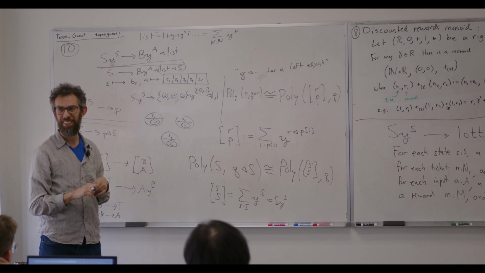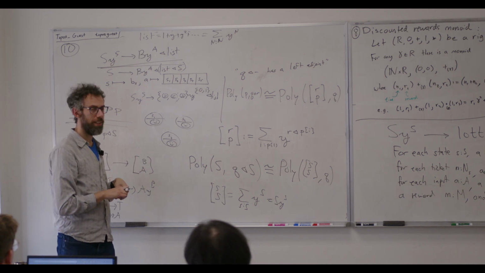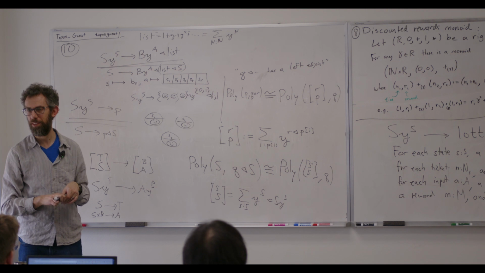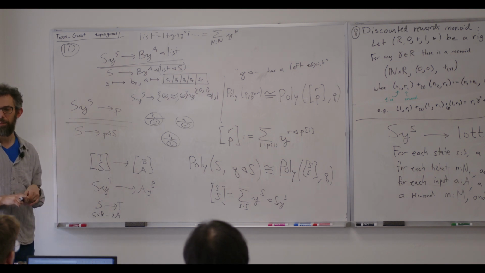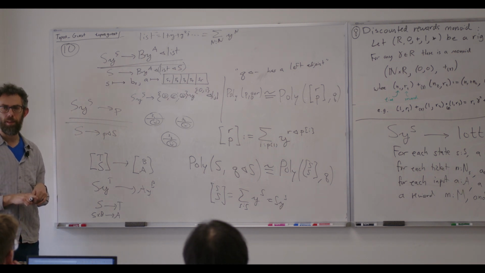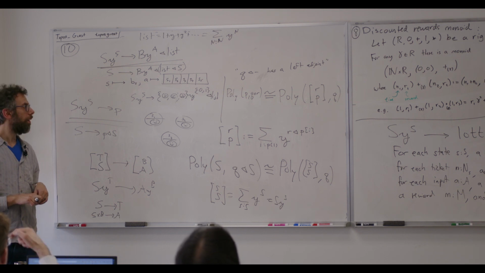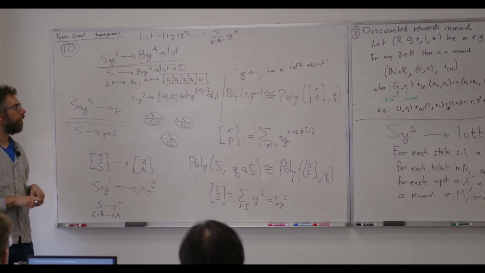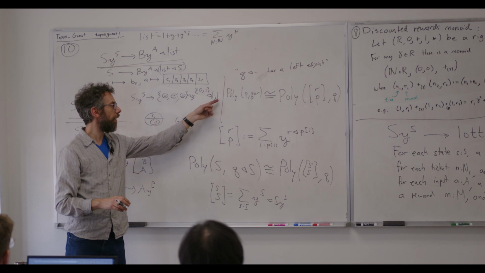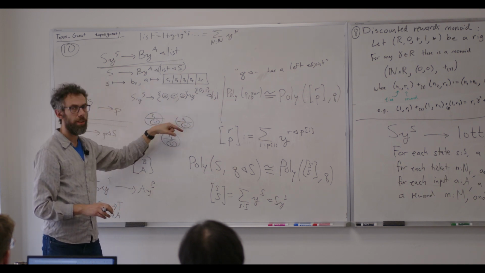It's like a first choice, second choice, third choice, fourth choice, because it's a list. And then to map backwards to SY to the S, you just pick an index in the list, and for any index in that list, you get a new state.